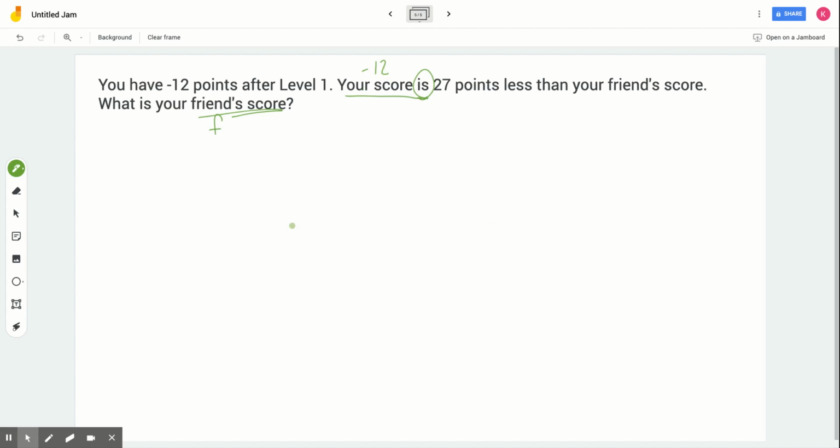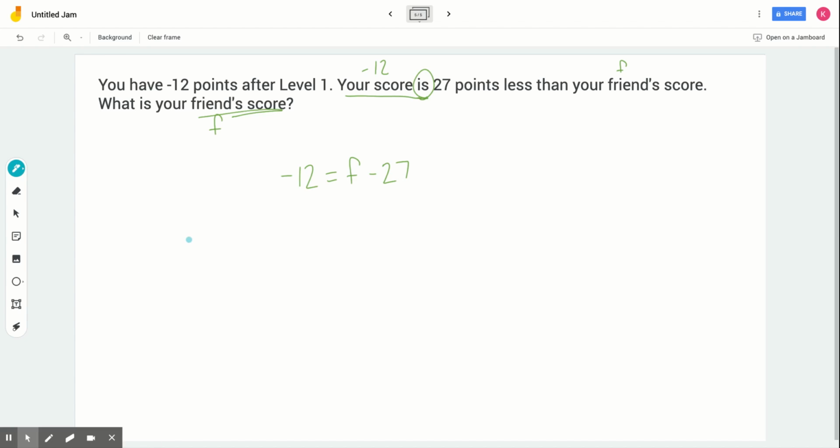Your score, negative 12, is 27 points less than the friend. So friend, take away 27. What is your friend's score? Now go ahead and try to solve this and come back in a minute to find out what the answer is.